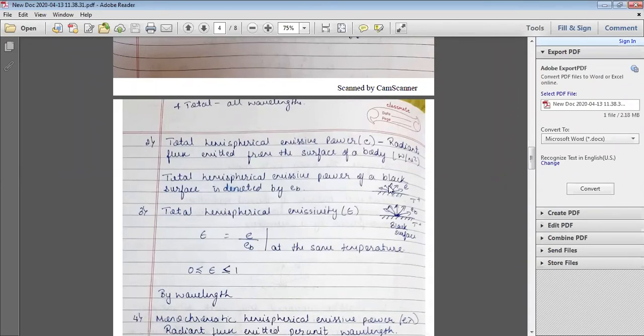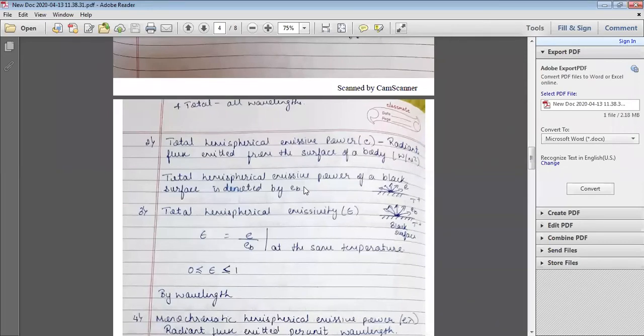When it does so, the radiant flux which is coming out from the surface of a body is called the emissive power. The radiant flux coming out from this surface is nothing but the emissive power of the surface, and it is given by watt per meter square.